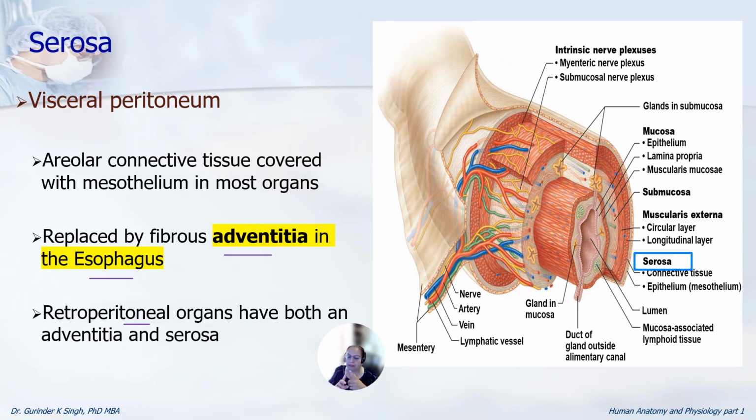Remember, part of the duodenum was retroperitoneal. Part of the sigmoid colon was there too. Okay, so those were the retroperitoneal regions present. So those regions will contain both adventitia as well as serosa.